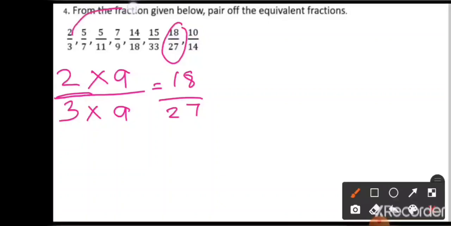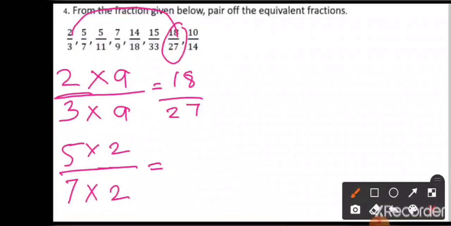So these two are equivalent fractions. 5 upon 7 is equal to, if we multiply 5 by 2, we get 5 twos are 10 and 7 twos are 14. This is an equivalent fraction.